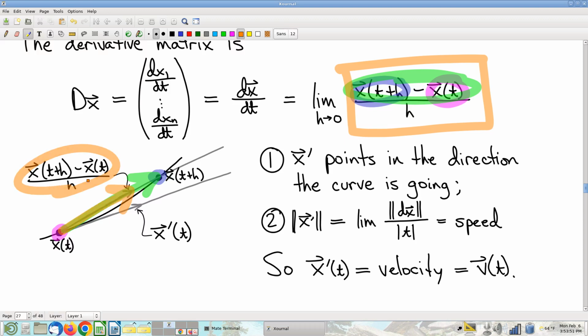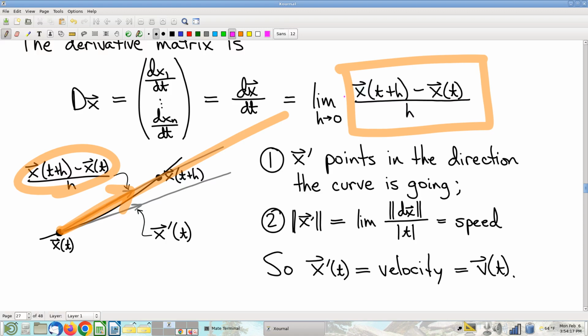So there you go. One thing you're going to notice right off the bat is that this thing we're taking a limit of points in the same direction as this secant line. You may remember that terminology from Calc 1. A secant line is a line that goes between two points on a curve. Now what happens as I take the limit?